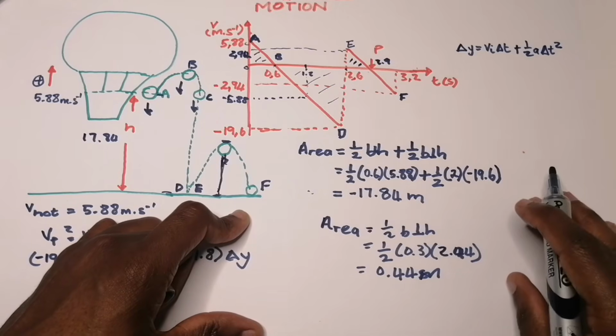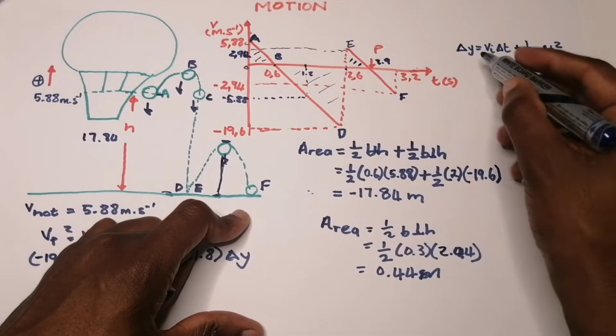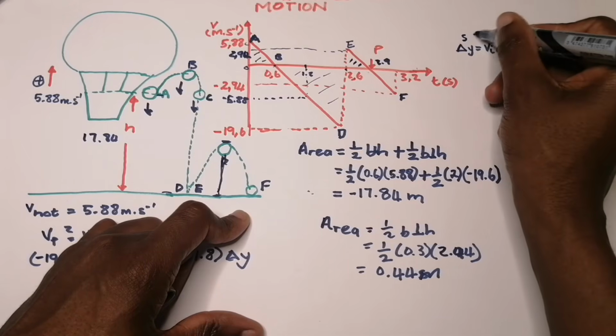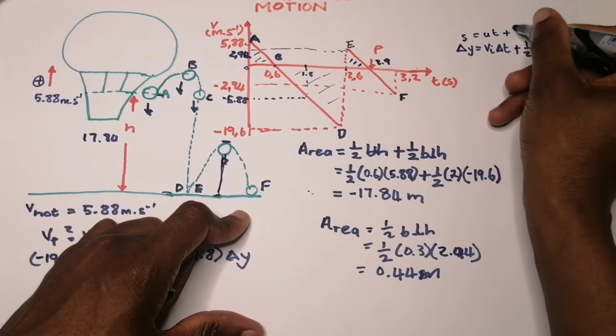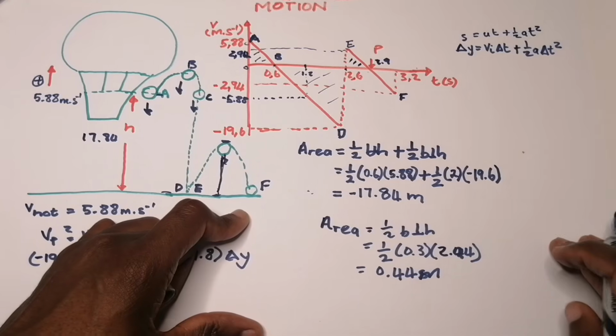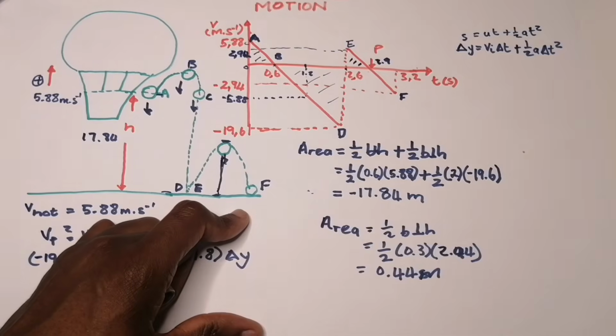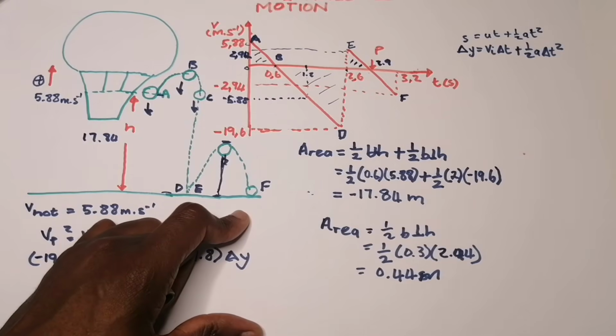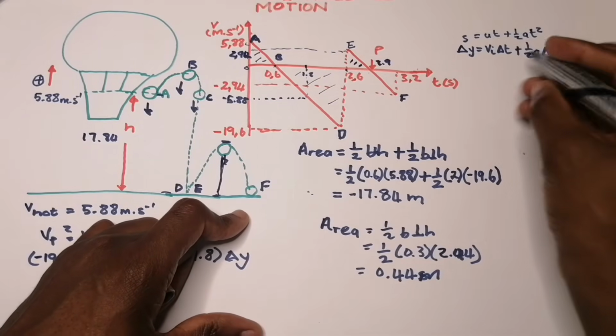Some of you who are doing IEB, remember you use s equals ut plus half at squared. This is exactly the same thing. Use initial velocity, and so on.